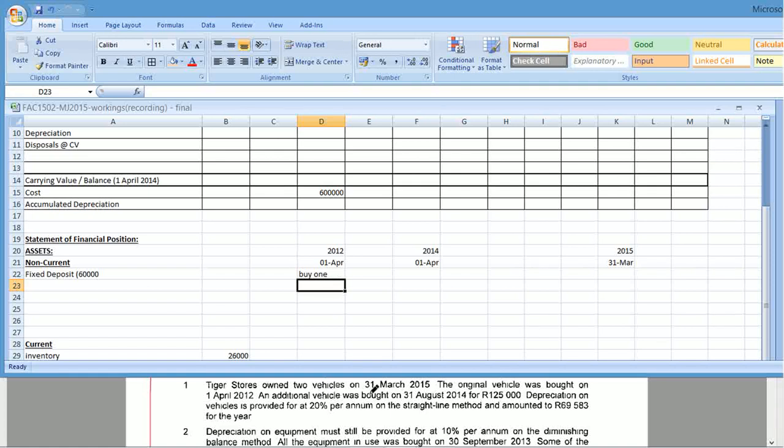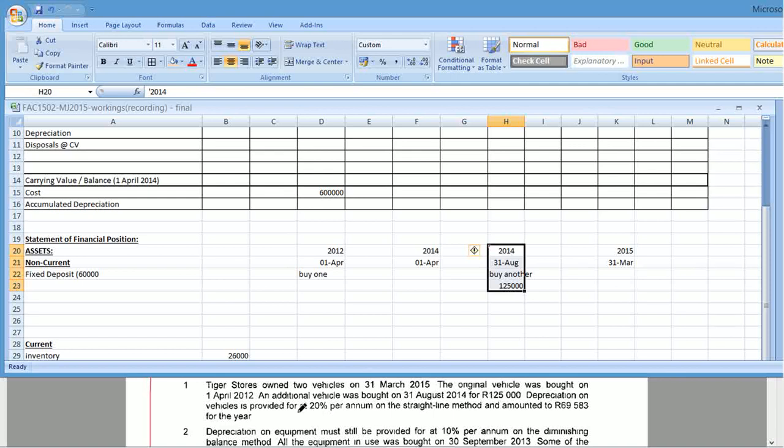An additional vehicle was bought on the 31st of August 2014. That was when we bought a new vehicle, and we bought a vehicle that was worth 125,000. Okay, that's the purchasing of a new vehicle there.